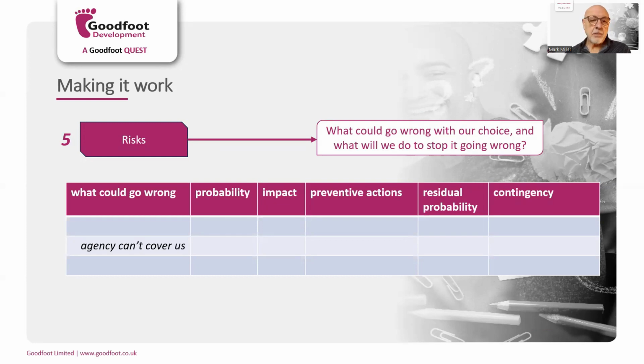So we then look at the probability, and in this case, quite a medium probability, but a very high impact. If the agency can't provide us with people, it's a high impact. This means we must do something to stop this problem. And this preventative action in this case is, well, let's talk to other projects in the business, in the organization, to see if there are people that can cover us if the agency can't cover us.